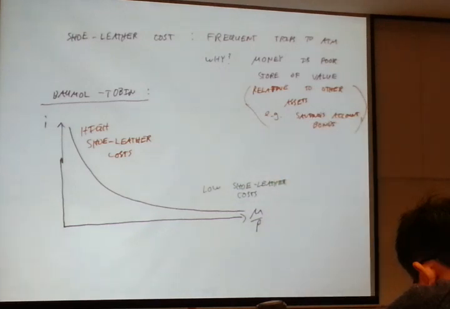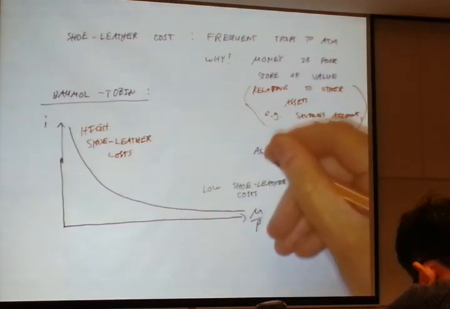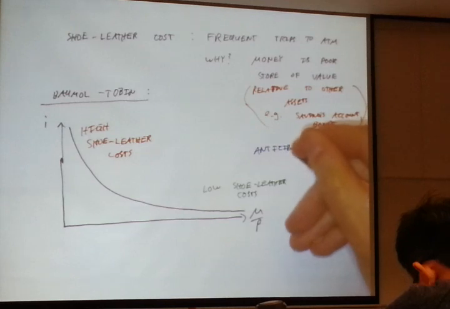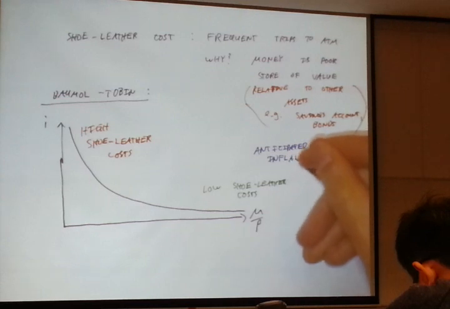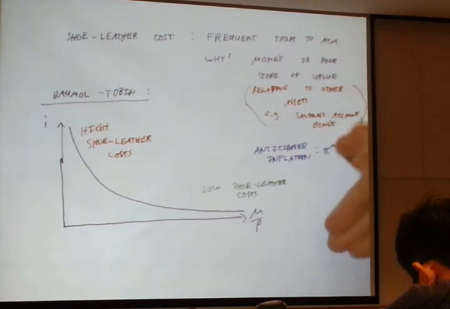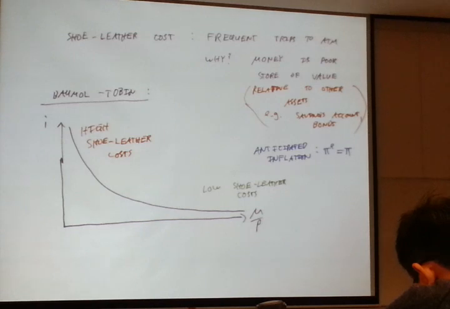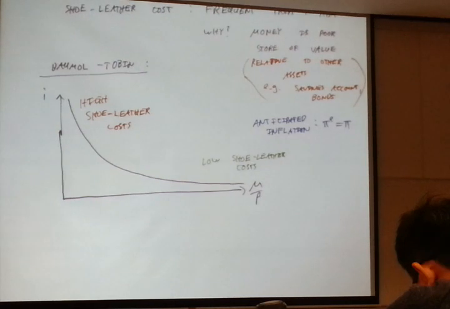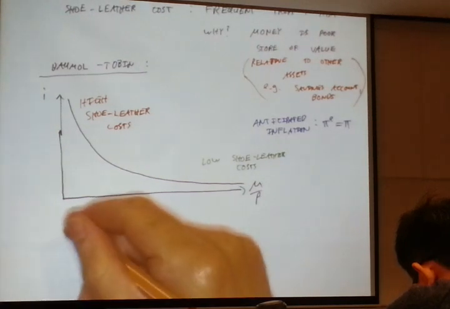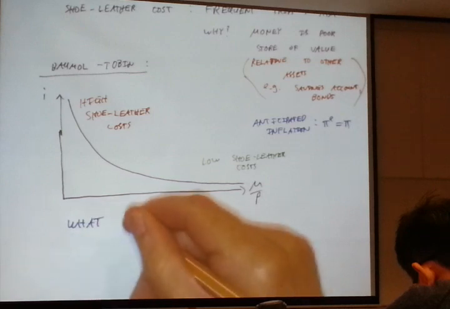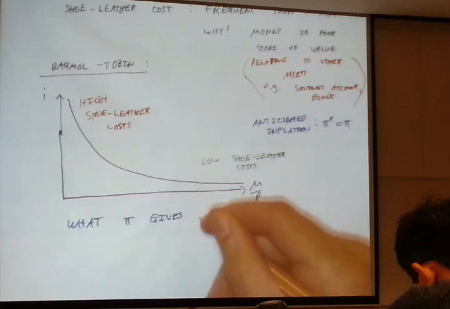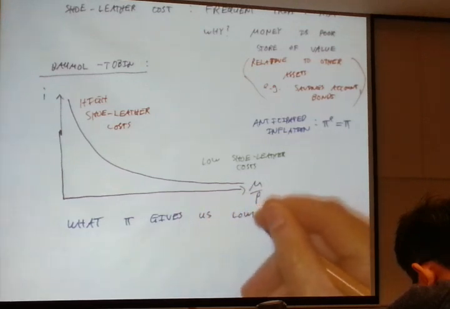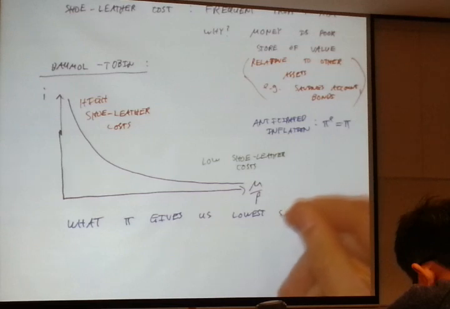So we're going to think, what does this have to say about anticipated inflation? If inflation is anticipated, that means it's expected. So we're going to look at cases where expected inflation is equal to actual inflation. So we want to know what inflation rate gives us low shoe leather costs, or lowest shoe leather costs. That's the question.